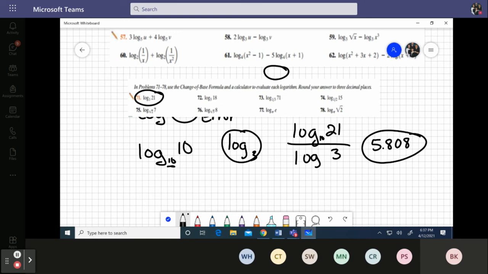I don't want you to figure out how to use your calculator on test night, right? Because sometimes you've got to hit buttons in different ways, depending on the calculator that you're using. All right, let's look at what do you get for log base 1/3 of 71. Punch that in.